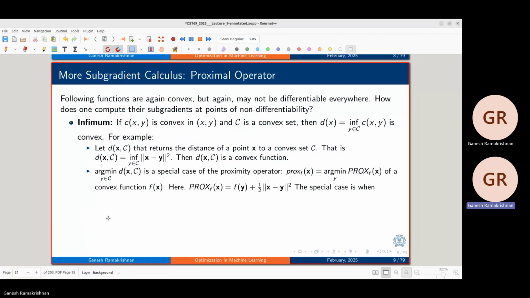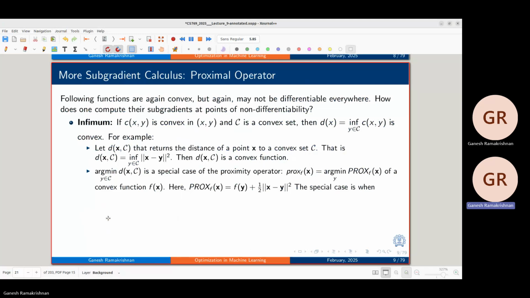So what are we doing here? Let's say c(x,y) is convex in x and y, and d(x) is a new function which evaluates the infimum, the counterpart of supremum, where you're considering minima in the limiting case. d(x) is the infimum over y in C of c(x,y), with the assumption that c is convex in x and y both.